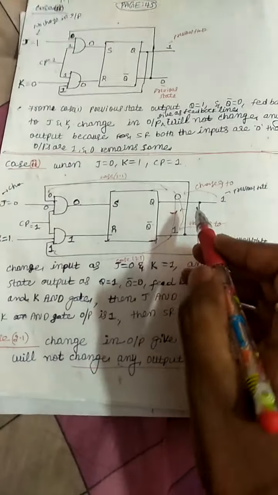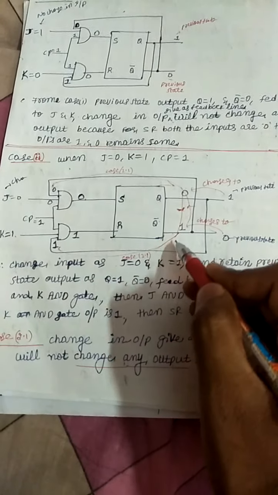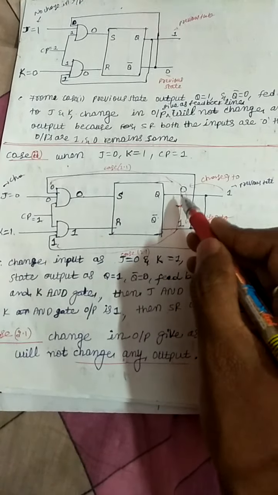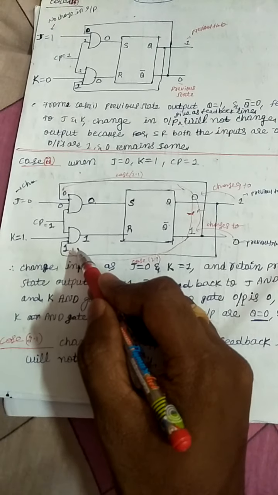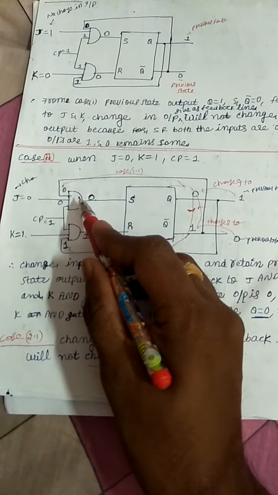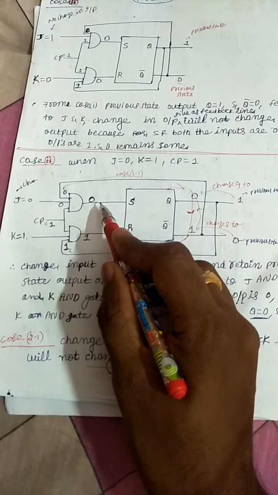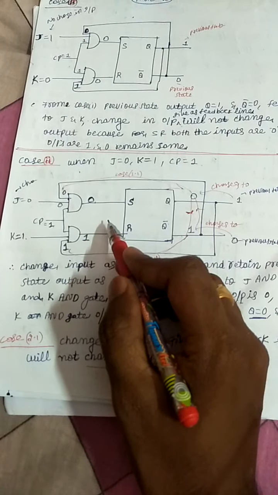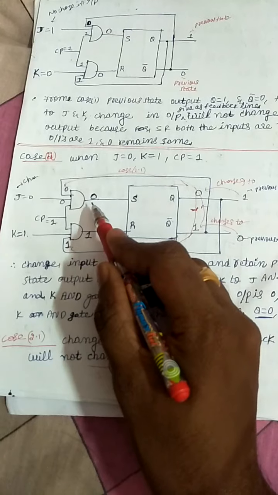Now this 0, 1 again I will feed back. This 0 will be fed back here, 0 with anything will become 0, and this 1 will be fed back here, 1, this will become 0.